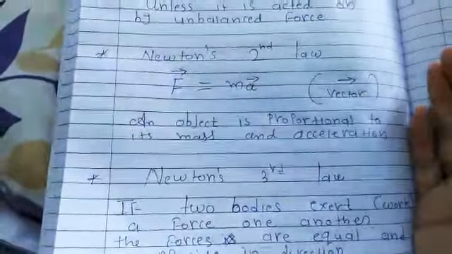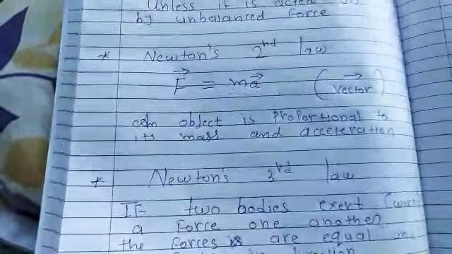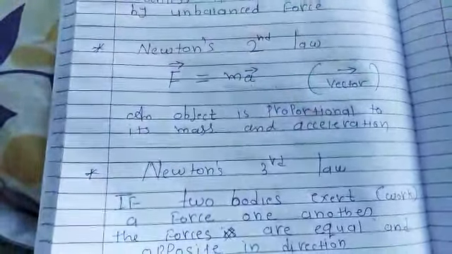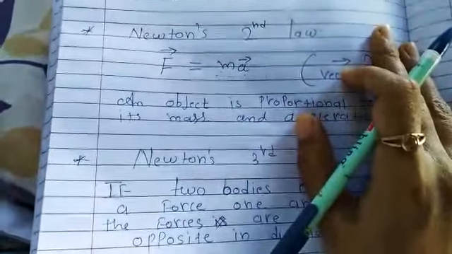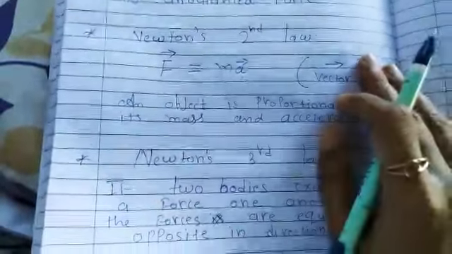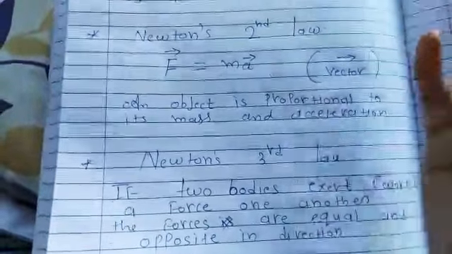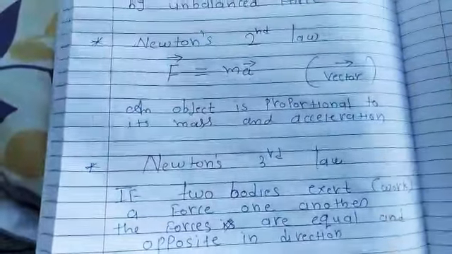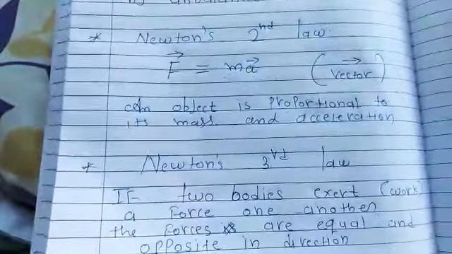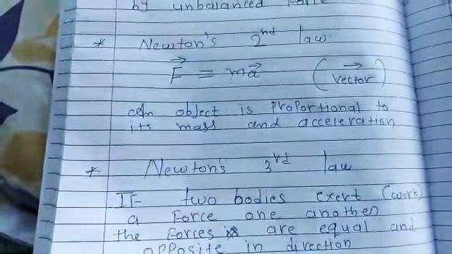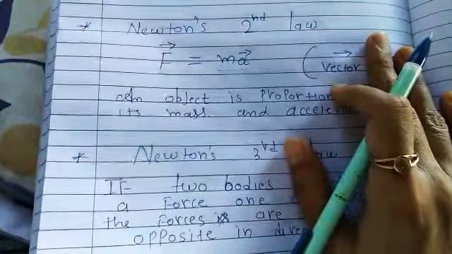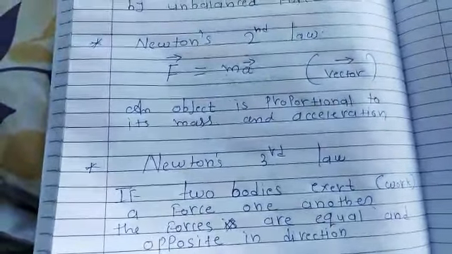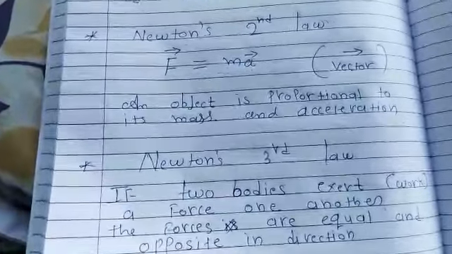Okay, if mass is increased, then acceleration is also increased, and acceleration is because of the force. We have to apply more force, right? You already learned in the force chapter, right? Mass is more. Okay, then we apply more force to increase the acceleration or increase its speed. So this is the second law of Newton.